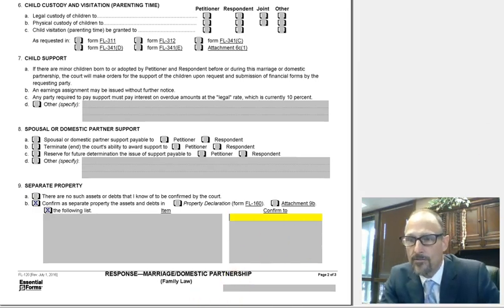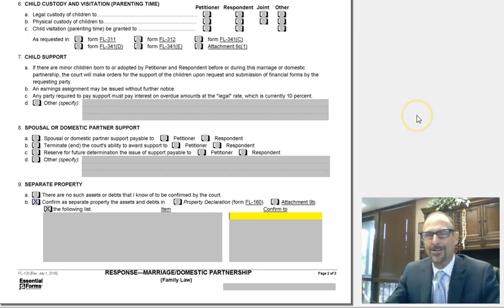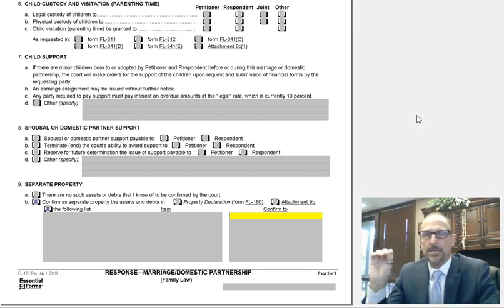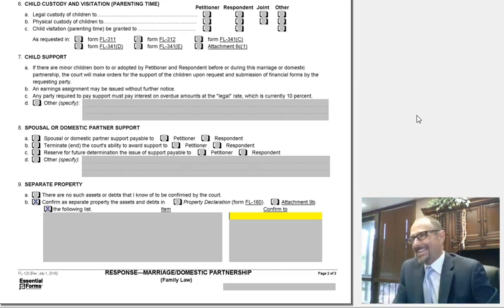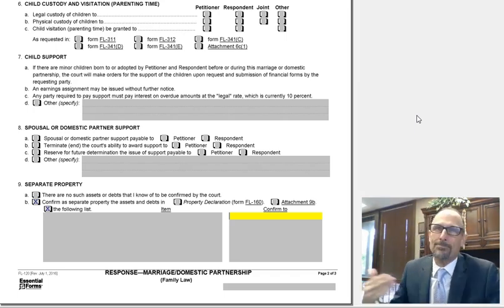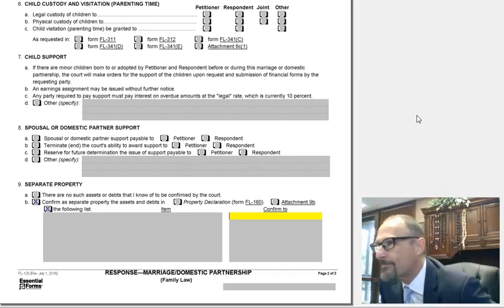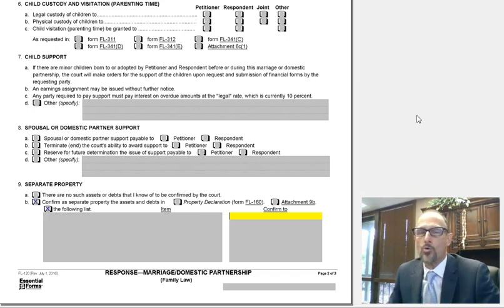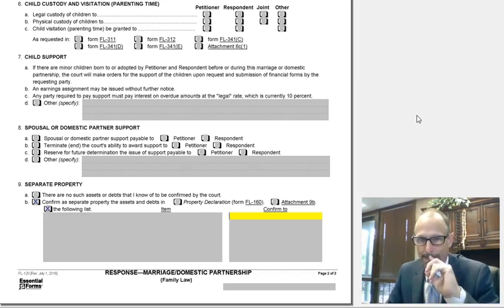Okay, a little more on the separate property thing real quick. It's virtually impossible that you didn't own anything before you got married. So even though there might not be anything of serious value, there are some things that you own. Your toothbrush is your separate property. Your clothing is your separate property.